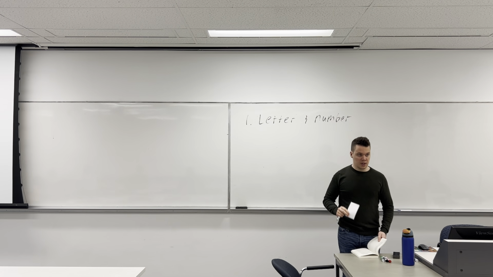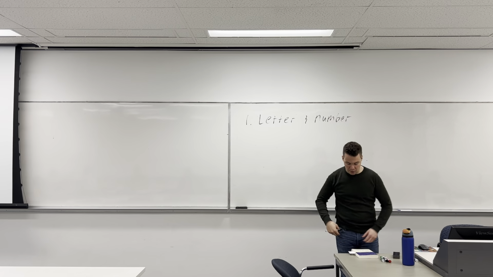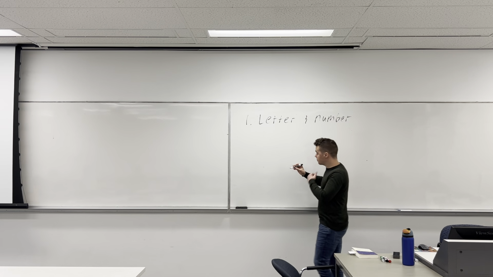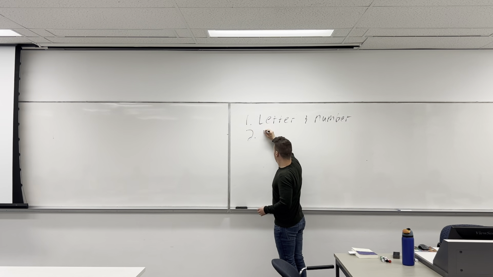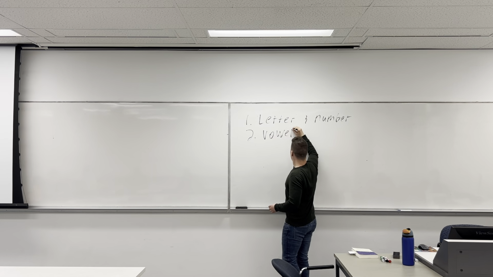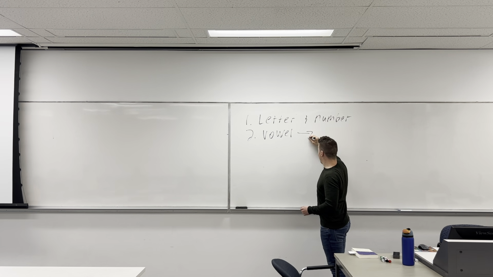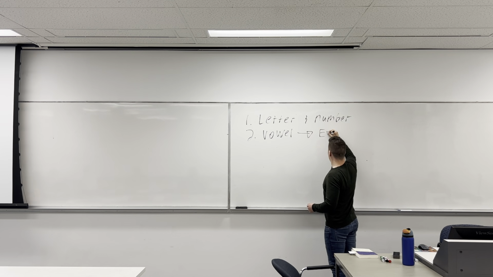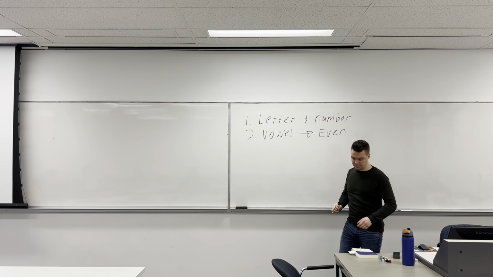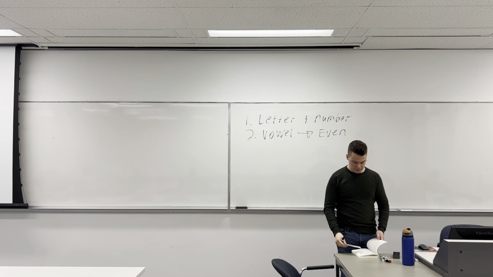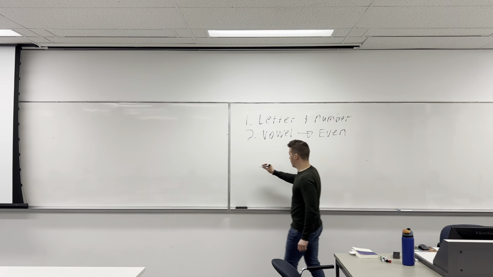Rule 2, you don't know if it's true or not. It's a possible principle that you have to test. So this is about theory testing. And the rule is, if there's a vowel on one side, then there is an even number on the other side. So that second one, we don't know if it's true or not. And here are the cards.